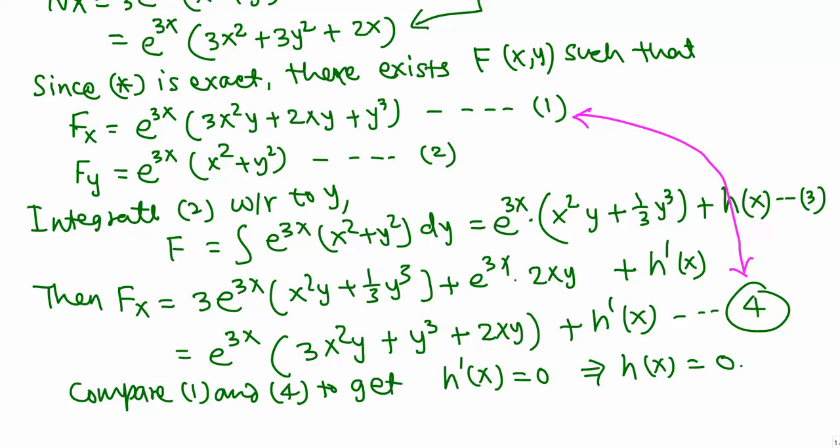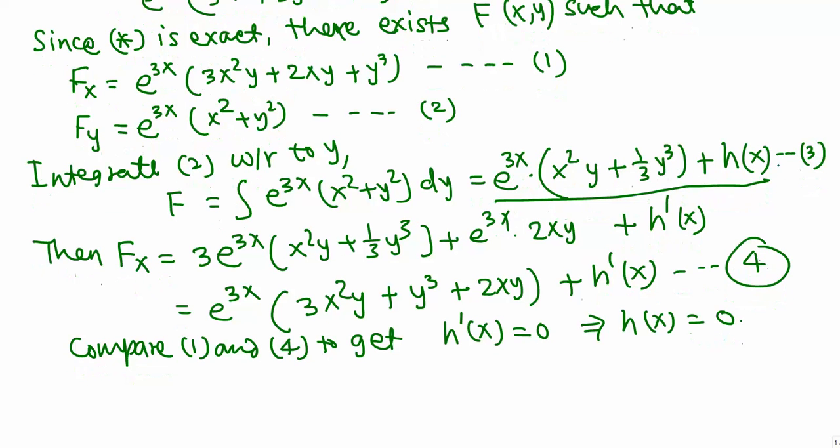Now we go back, and let me erase this, and find the function f. So h is 0, so from 3, this is the function f, and h is 0, so this function equals c is the solution.